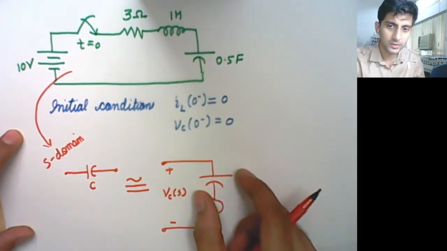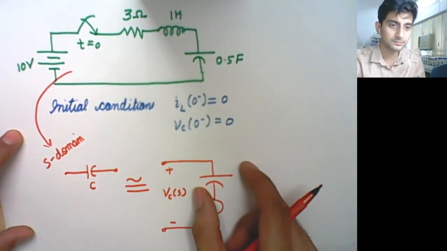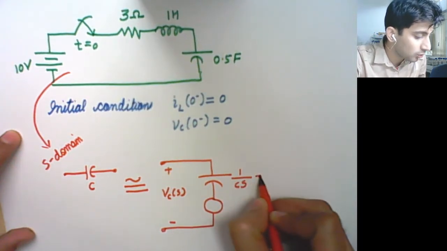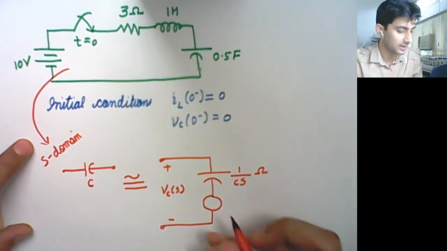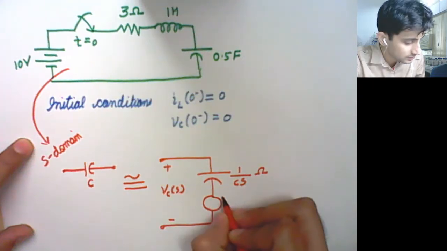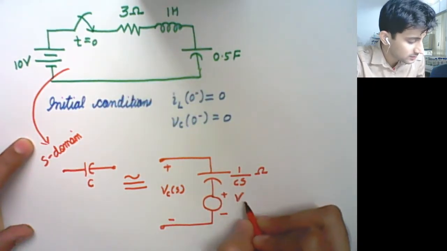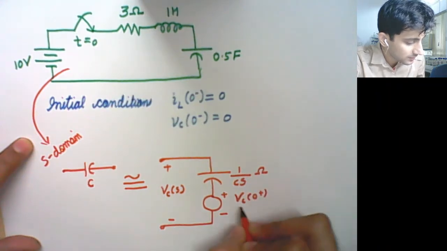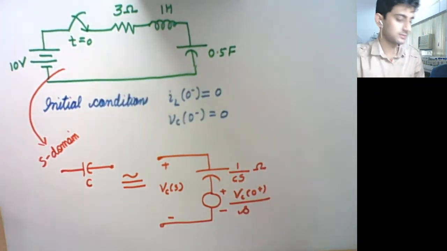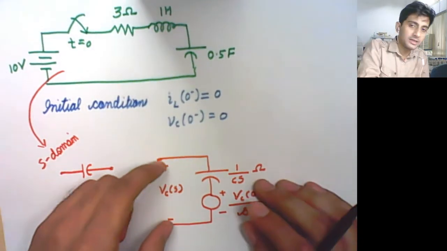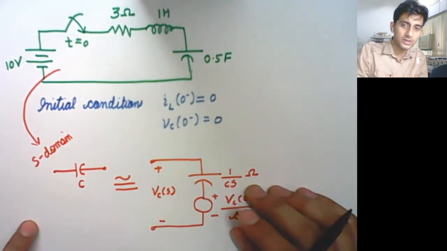What was this value equal to? 1 by CS, in ohms. You should remember that. And this was a voltage source, which we write as plus minus VC at 0 plus upon S. I hope you all remember that. That's how we write the total voltage across these two things.